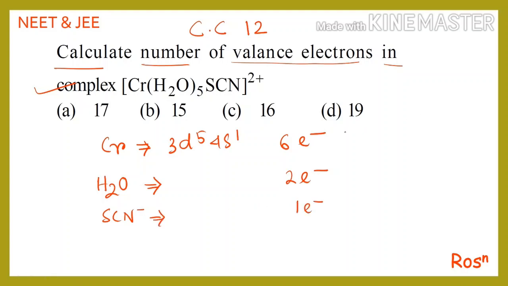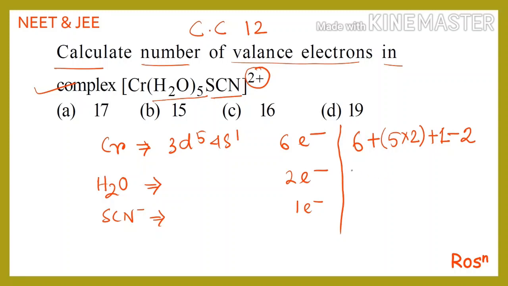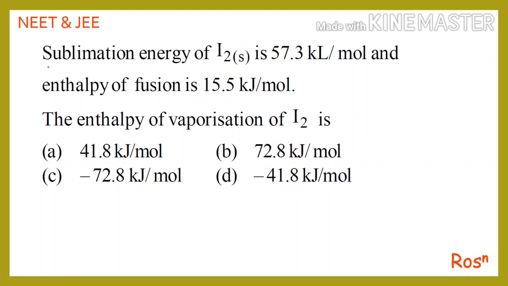Okay, so the number of valence electrons is equal to 6 plus 5 water molecules, so 5 into 2, plus 1 SCN, so plus 1, and as the charge is plus 2, that means it loses 2 electrons, so minus 2. So the answer is 16 electrons. So the right answer is option C, 16 electrons. Clear? Okay, see the next question.